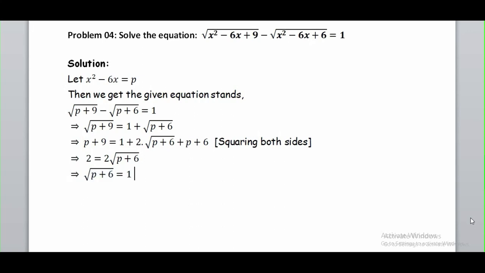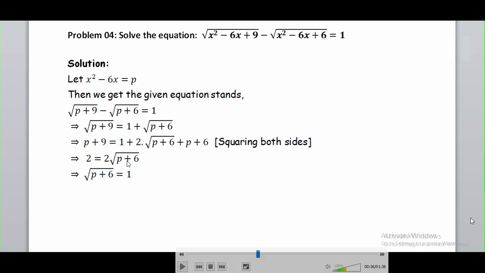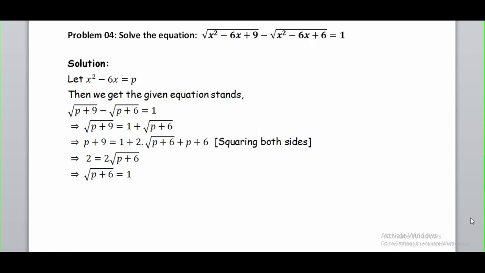And then we get, now simplifying this equation, we will get root over p plus 6 equal to 1, and we have a root over here, so we will square both sides again, and we will get p plus 6 equal to 1, and we will get p equal to minus 5 or p plus 5 equal to 0.